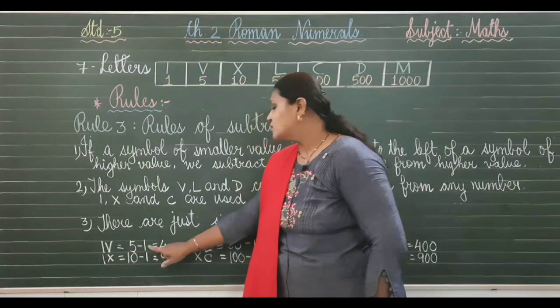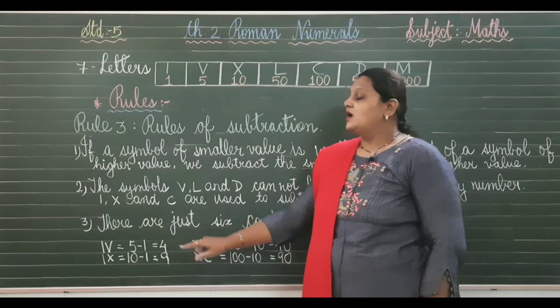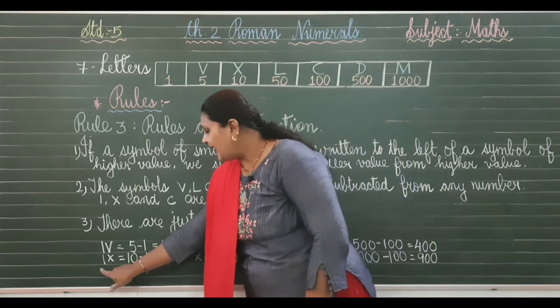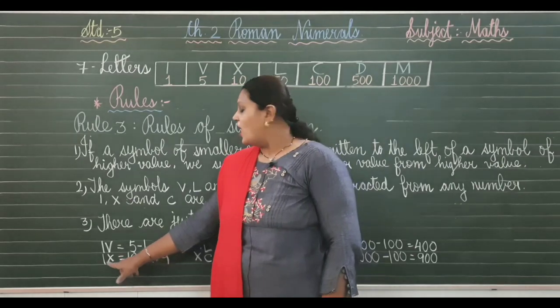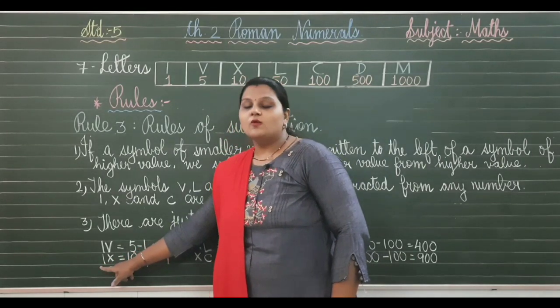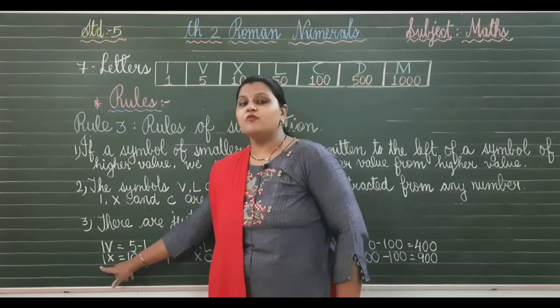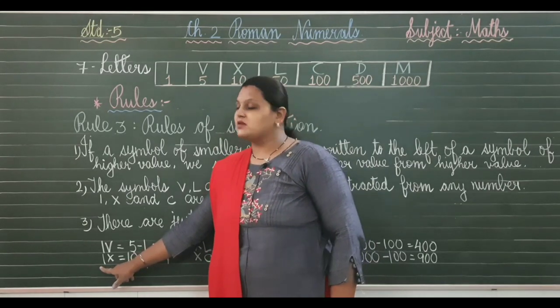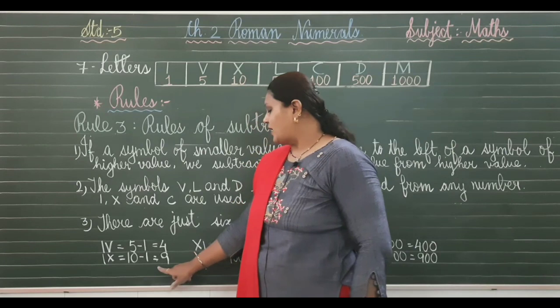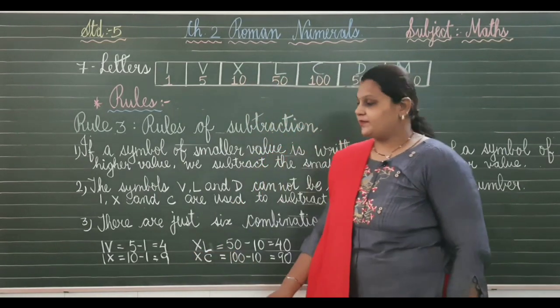So 5 minus 1, 4. Next, IX. Here X is a greater value, I is a smaller value, which is left side of greater value. So what we will do? Subtraction. 10 minus 1, that is 9.